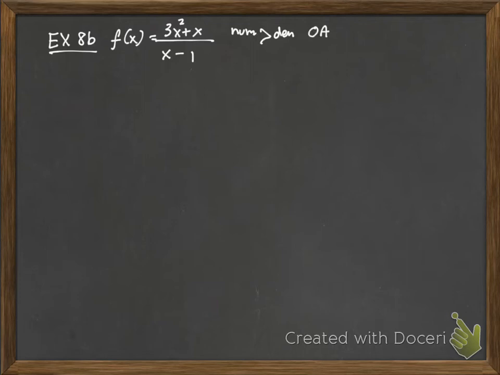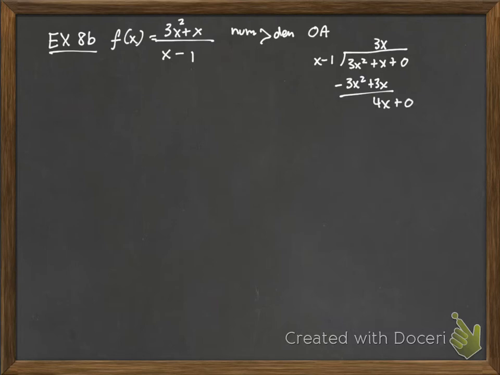So I have to use long division to find out what that oblique asymptote is. So I get x minus 1 going into 3x squared plus x plus 0. So 3x squared divided by x is 3x. 3x times x is 3x squared. 3x times a negative 1 is negative 3x. And then I change my signs. So I get 4x plus 0.